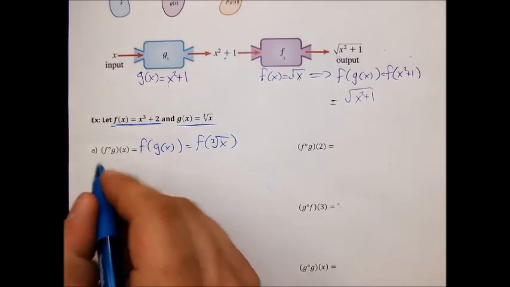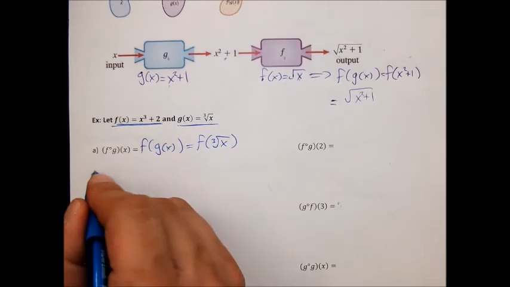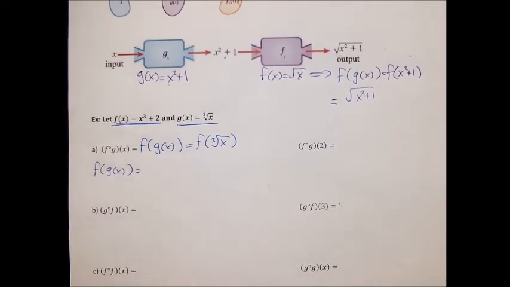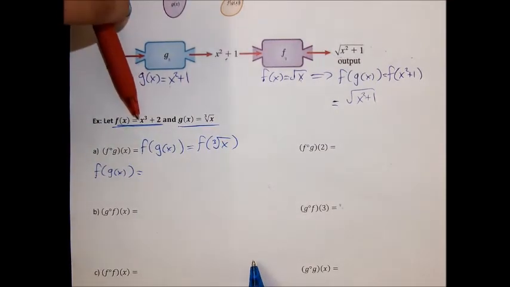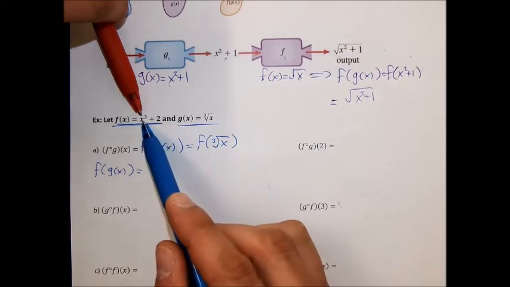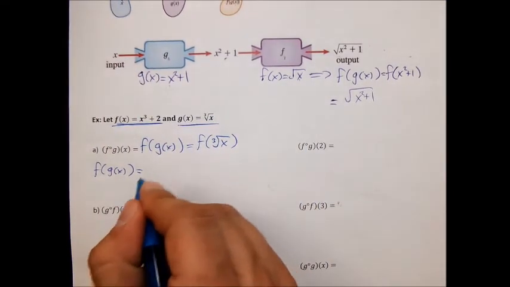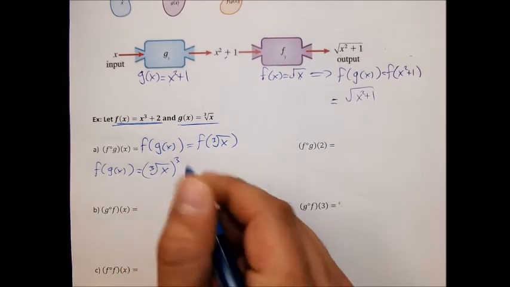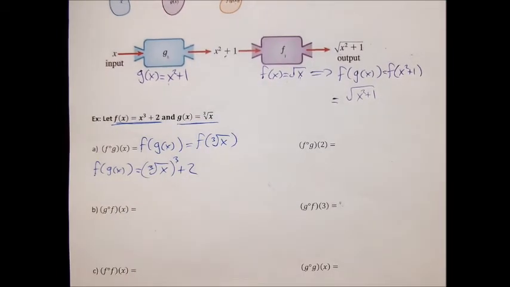And so f of g of x then equals, we're going to take out this x right here, and we're going to put the function g into that. And so that's going to end up being the cube root of x cubed plus 2. You see how that worked?